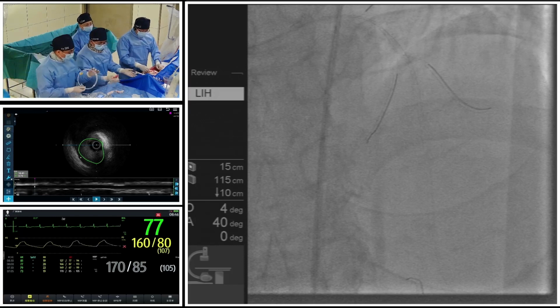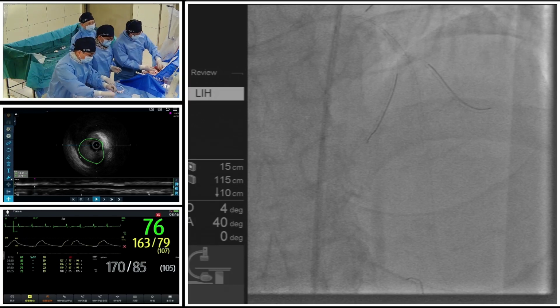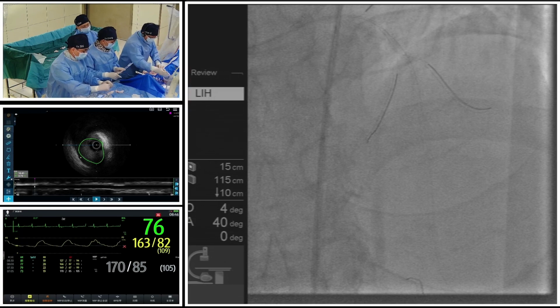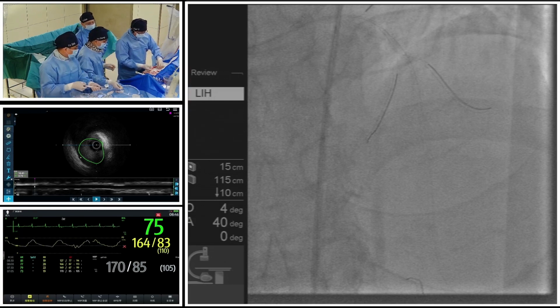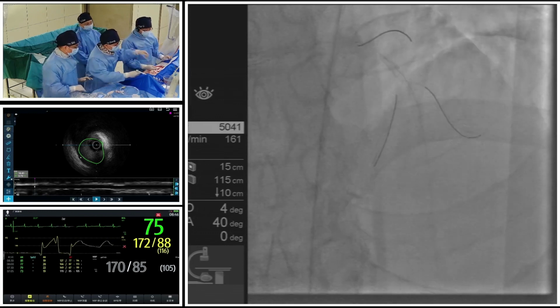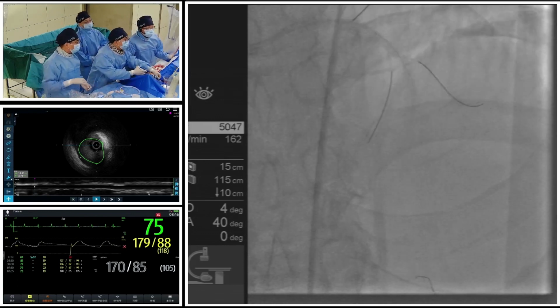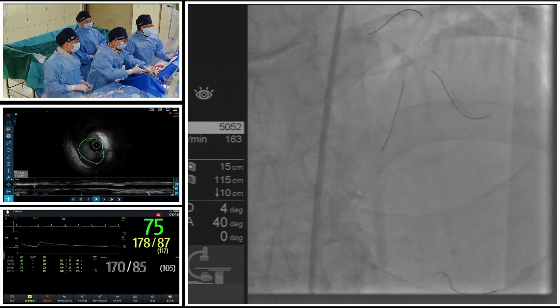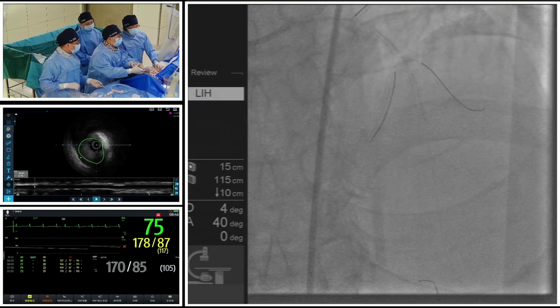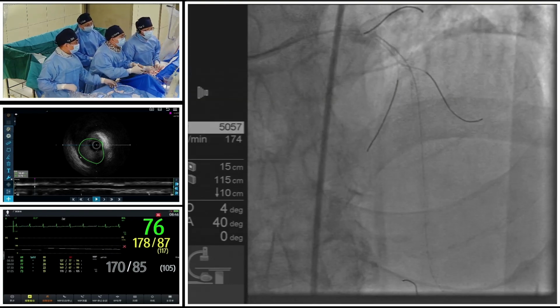And the other thing is that there is some very severe superficial, eccentric calcification. We know that the biggest problem of superficial and eccentric calcification is restriction to stent expansion.